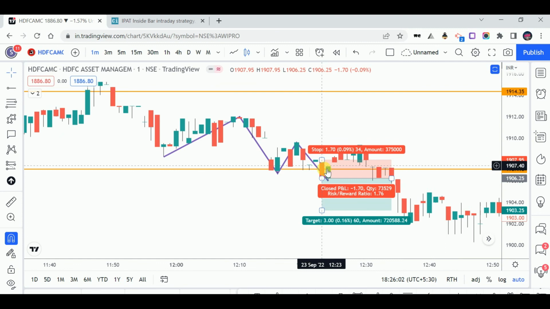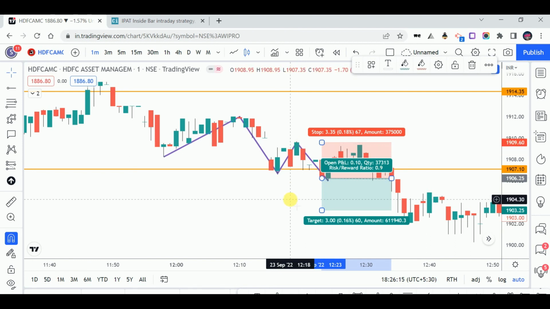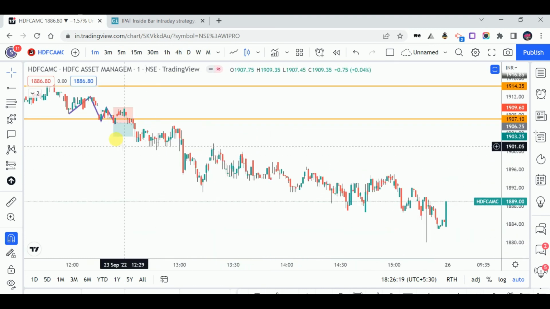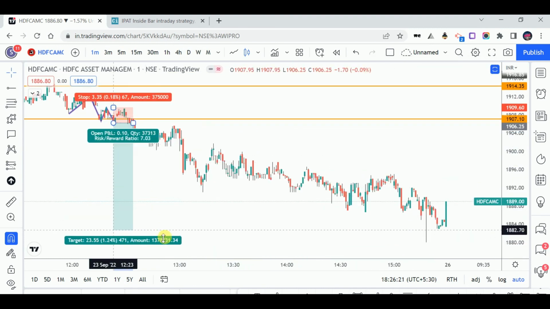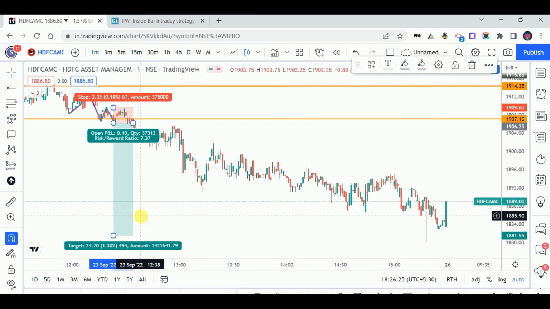So instead of putting the stop loss at the high of this signal candle, if I put the stop loss at the swing high of the previous swing, then you can see with the little adjustment you would have got around a 1:7 risk to reward ratio.